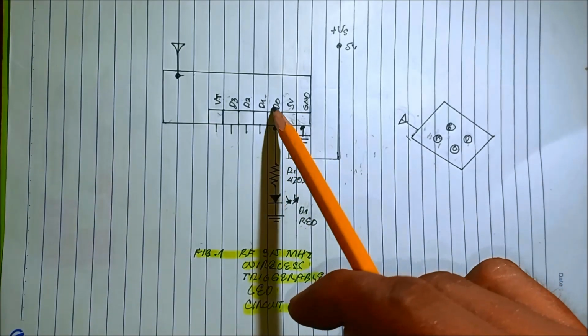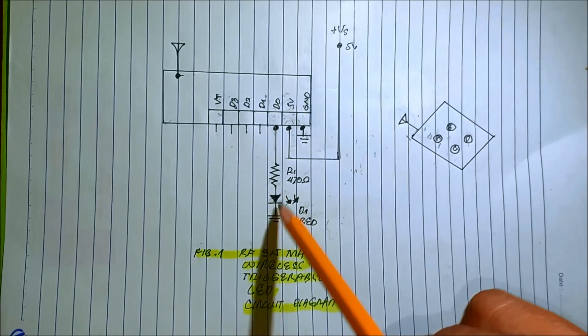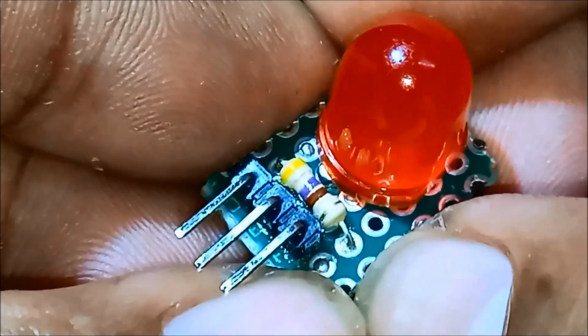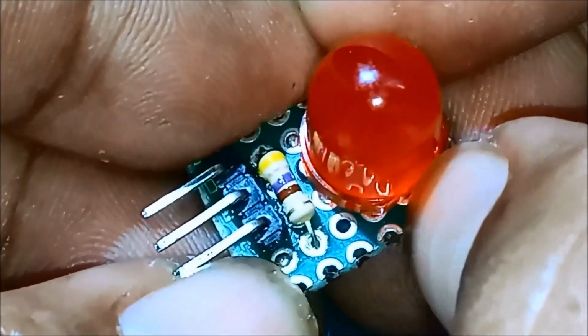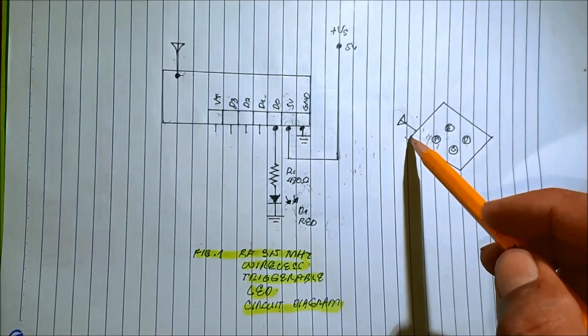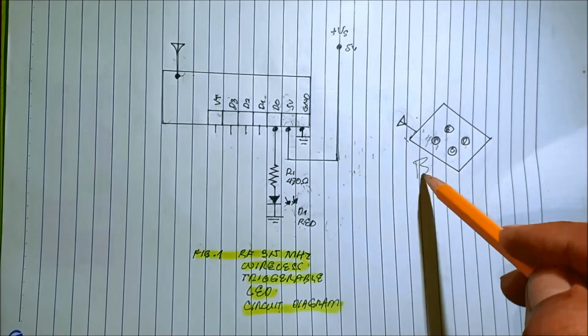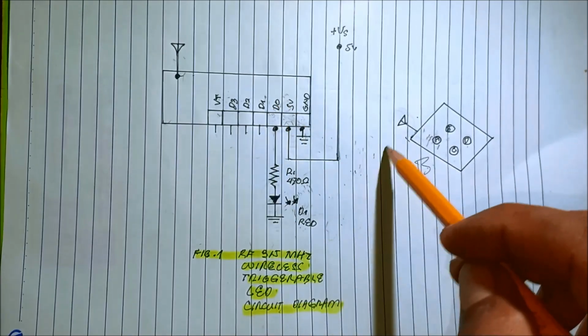And this D0, we connected this LED module. I made this LED module composed of resistor and then the LED. So when we press the button, which is button B, connected to the D0.